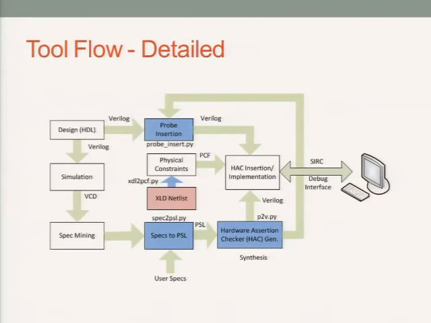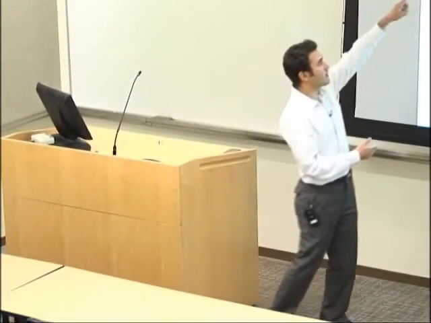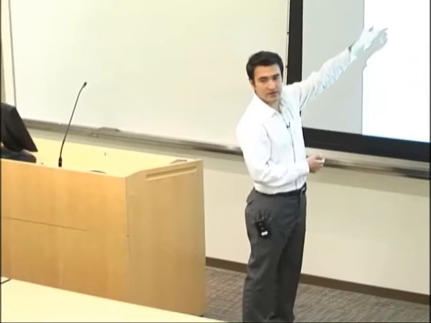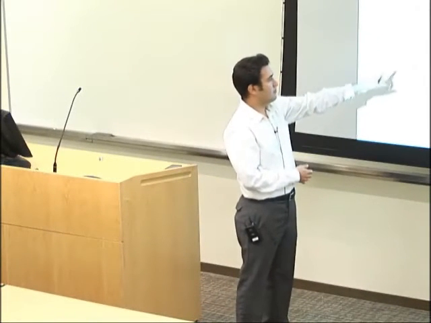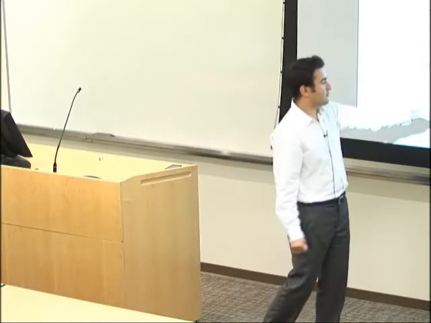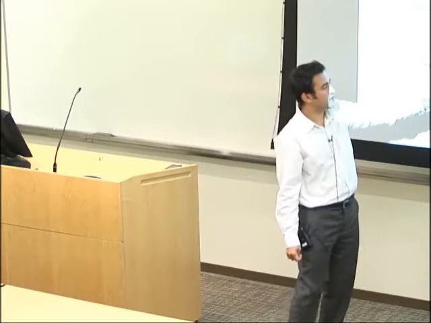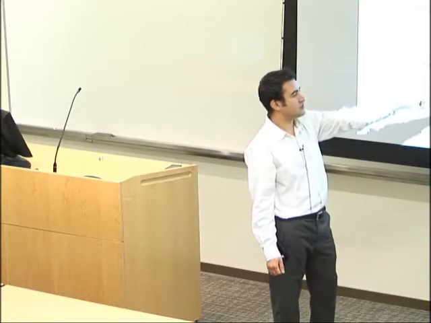Okay, we're back to the flow diagram. It's the tool flow, how things work, just to wrap everything up. So we have the original design simulated, and get the output traces. We mine the specs from the original design, and also we provide the user specs. Then these are synthesized into state machines.